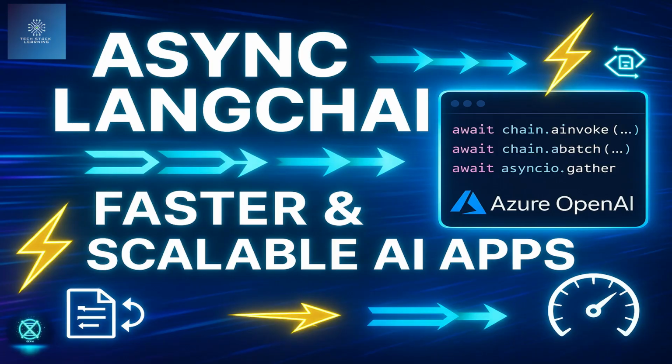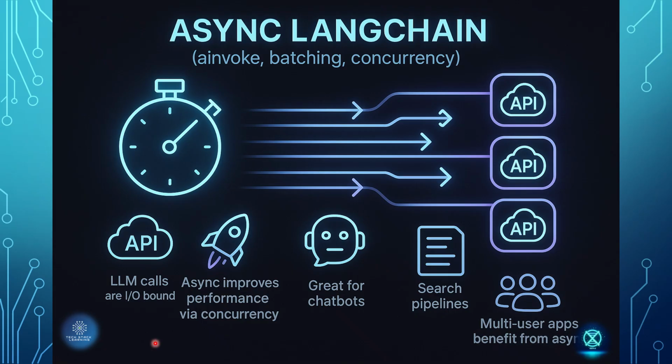Let's get started. So what is async in LangChain? Why do we need that? LLM calls are usually input and output bound, like waiting for the API responses. So async execution improves the performance by running multiple requests concurrently.